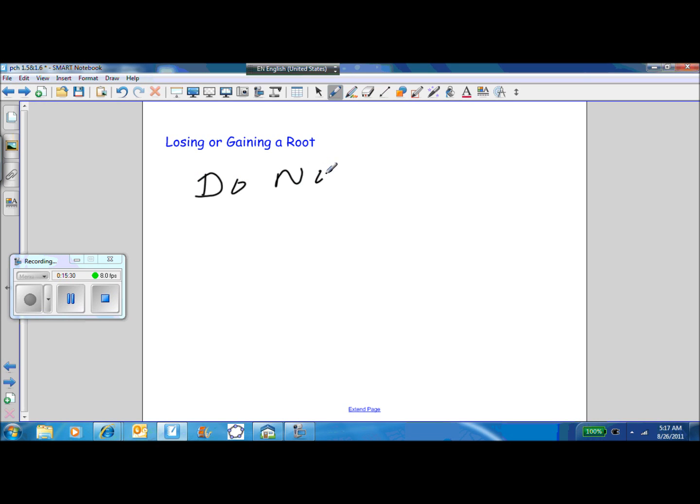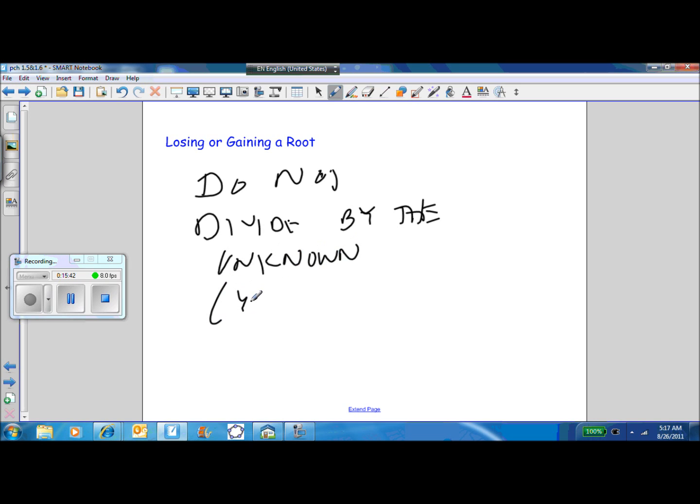Do not divide by the unknown. You will lose a root.